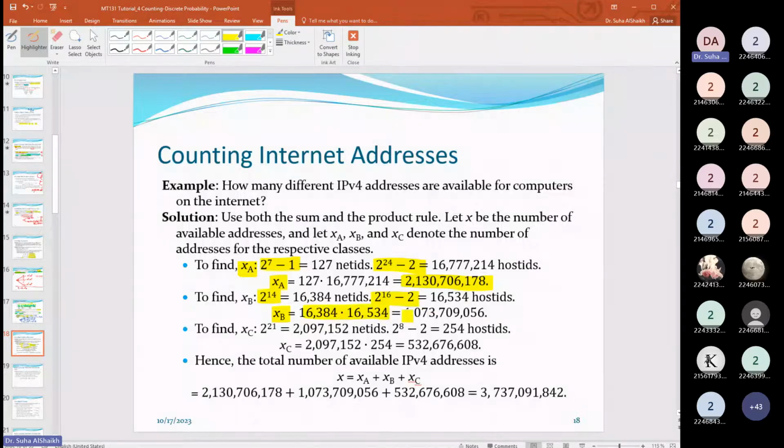This will give you this result. Class C is 2^21 multiplied by 2^8 minus 2, which will give you this. Then we add all the classes and this will give us the final answer, which is this number that you can see. Get it now? You got it, I mean?